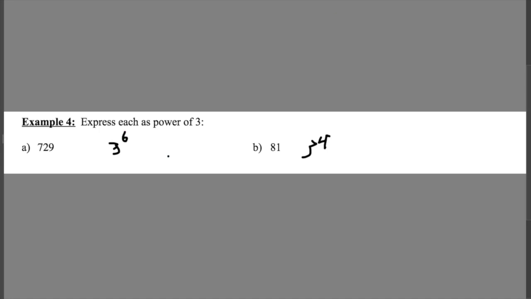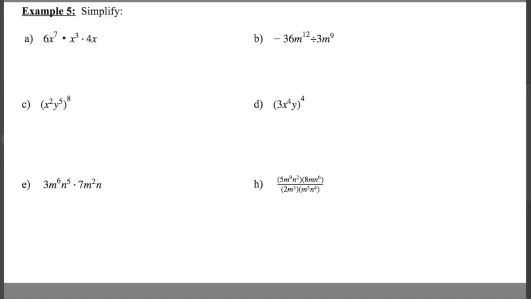So just count the number of times at which we had to divide by 3, and then that will tell you about the power that is. And then I'm going to do the 5th example here. So the 5th example, it's going to ask us to simplify.